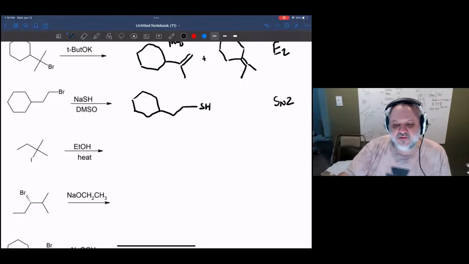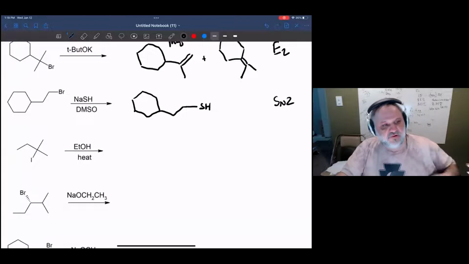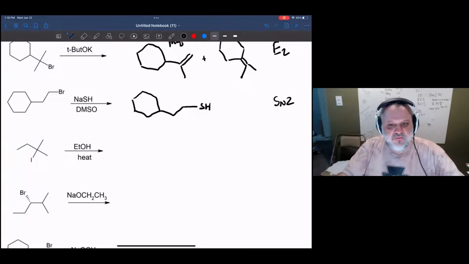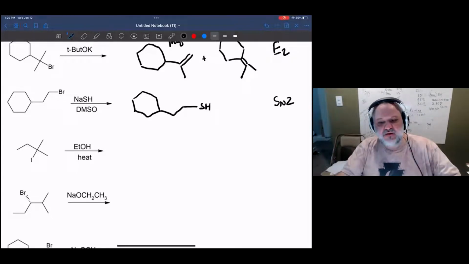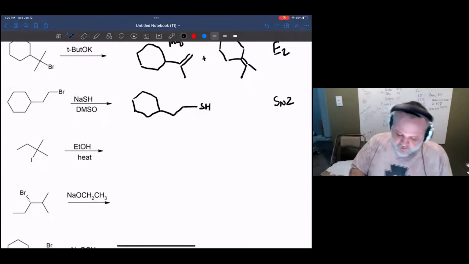Okay, the next one is a little bit more of a challenge. I've got a leaving group in a tertiary position, but I've got a weak base and a weak nucleophile as the reagent. And so what that means is that I have a pretty good competition between SN1 and E1.